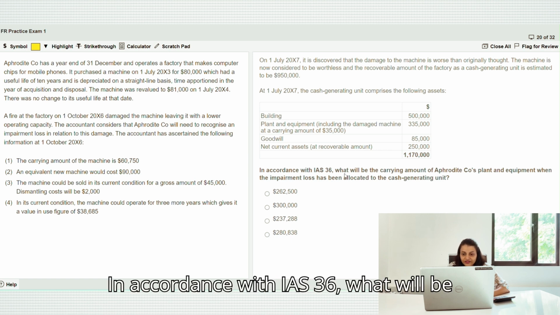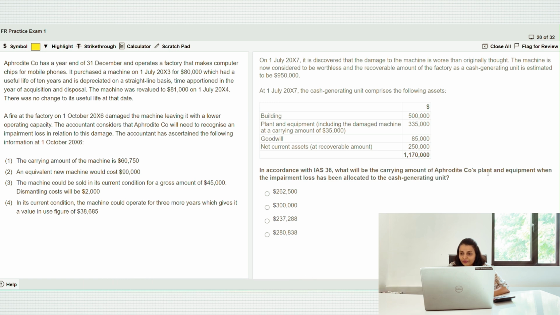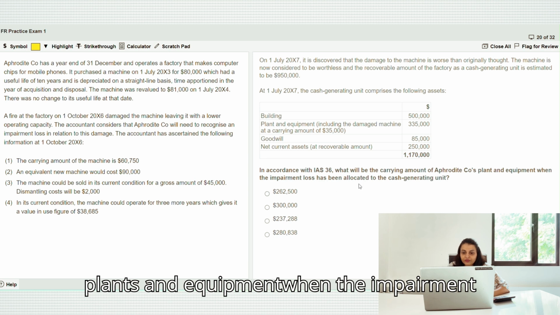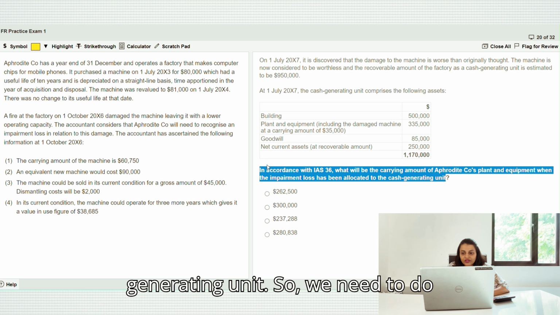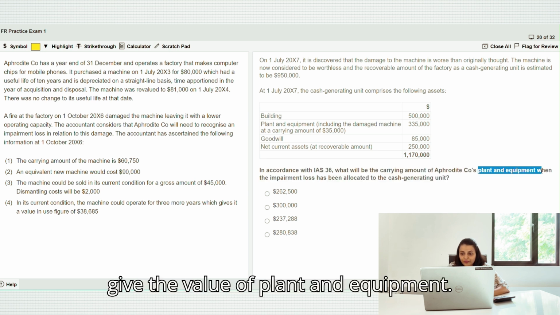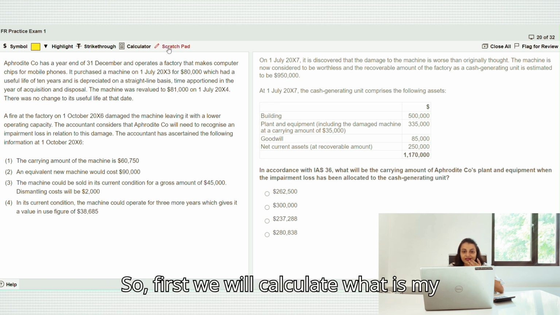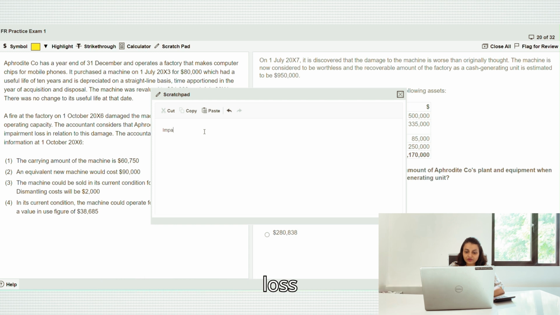In accordance with IAS 36, what will be the carrying amount of plant and equipment when the impairment loss has been allocated to the cash generating unit? So we need to do the allocation of impairment loss and then give the value of plant and equipment. First we will calculate my total impairment loss.